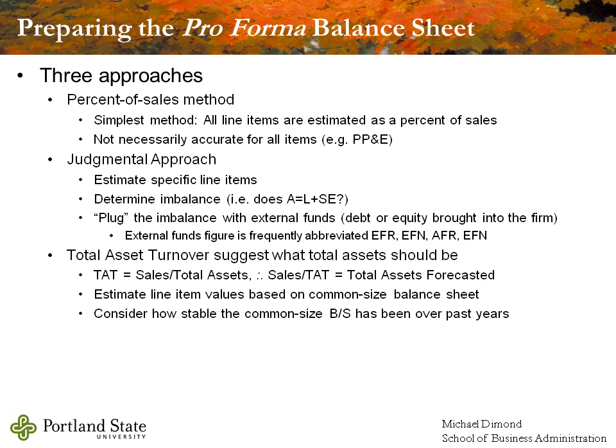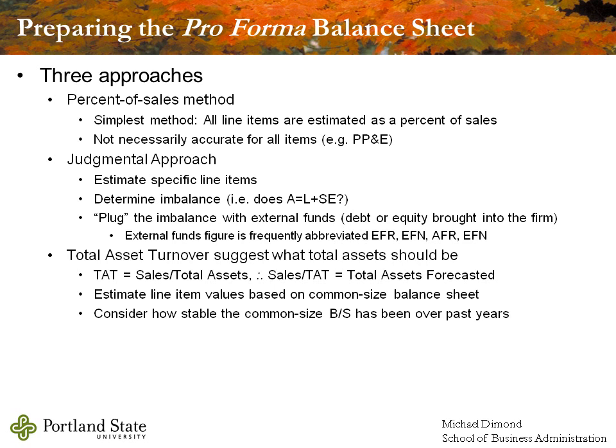And then there should be some sort of logic behind where this fund is going to come from. In most cases, we can make the assumption that the capital structure of the company is reasonably stable, and we're going to stick with that same capital structure moving forward. So if they have a particular debt-to-equity ratio, we would expect a certain amount of that extra funds needed to come from debt and a certain amount of it to come from equity. So we use a little bit of our ratio analysis as part of the driving force in determining what that plug number is going to be.